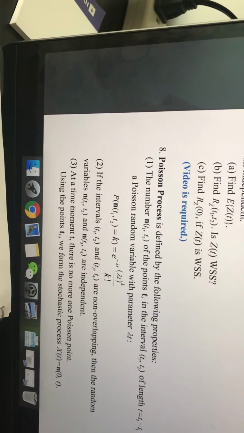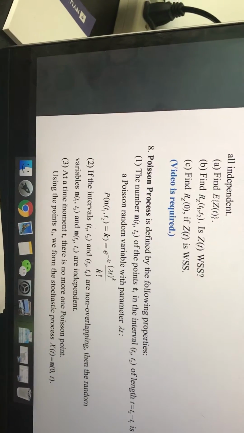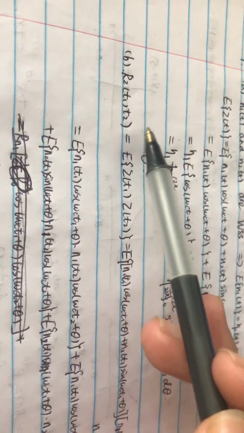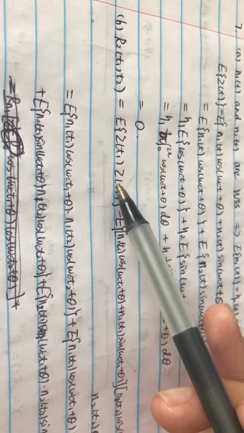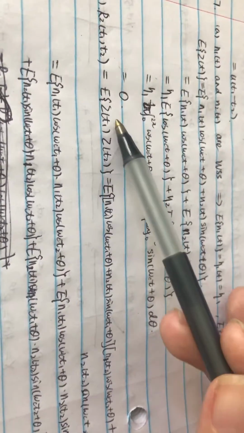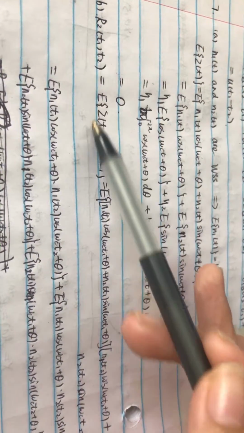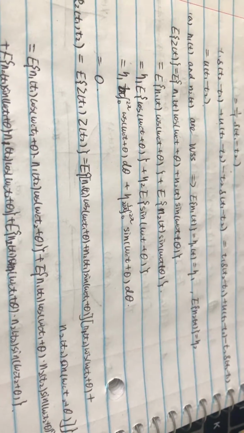The second question: we want to find R_Z(t1, t2) and decide if Z(t) is WSS. So R_Z(t1, t2) is equal to E of Z(t1) multiplied with Z(t2). We put the formulation of Z(t) into this, and we have two parts.